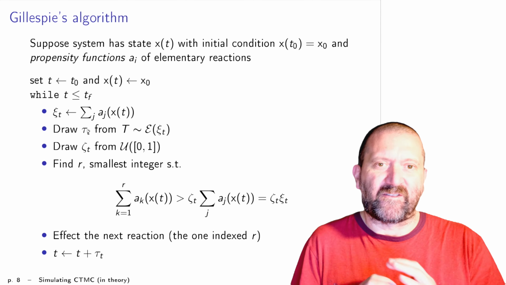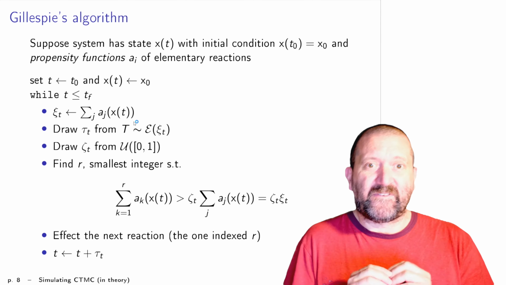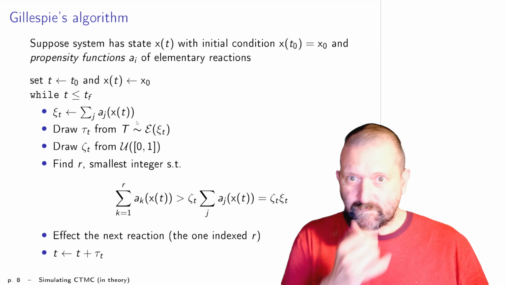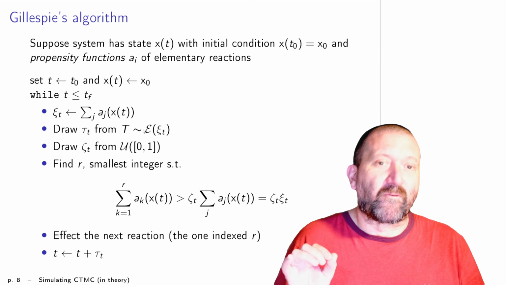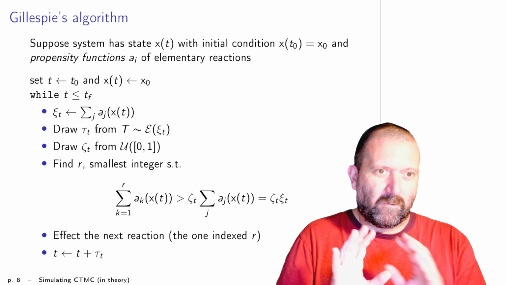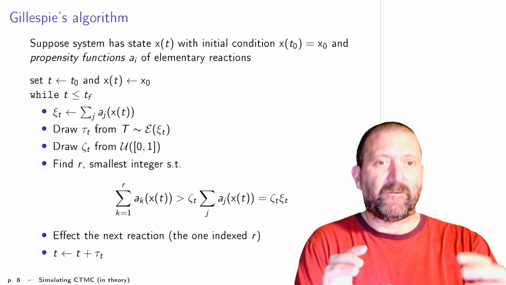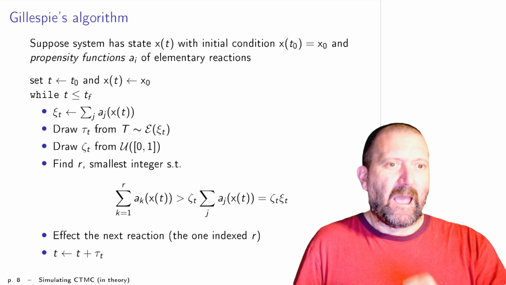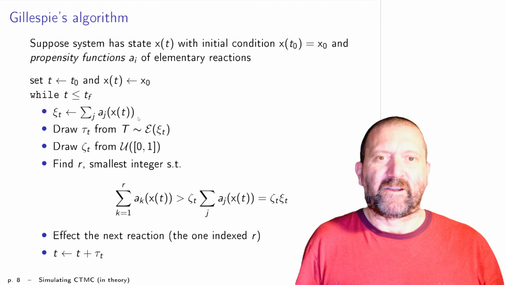That time is drawn from an exponentially distributed random variable. So you compute the weight of the events at the given state of the system at the instant where you are, and that determines when the next event is going to take place.